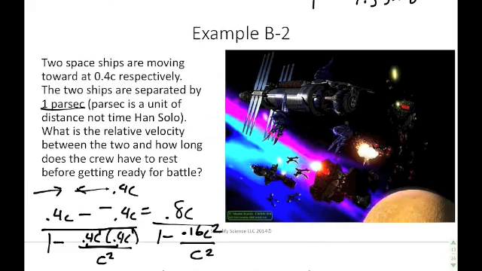So c squared cancels out, and I have 0.8 c divided by 1 minus 0.16. Now if you notice, this is no longer 0.9999999 like it was before. This is actually going to have a real effect on the velocity. So when you do 1 minus 0.16, you get 0.84, and now you're talking about 0.8 c divided by 0.84.